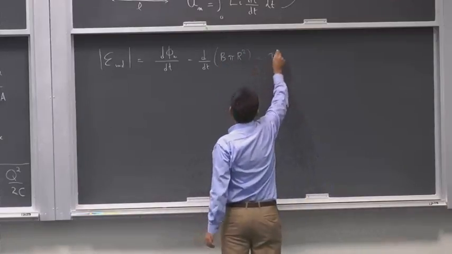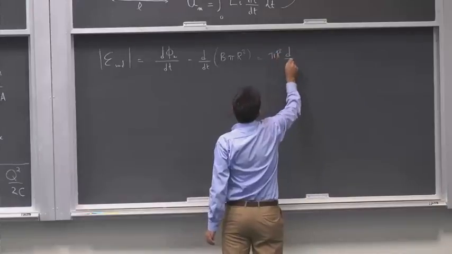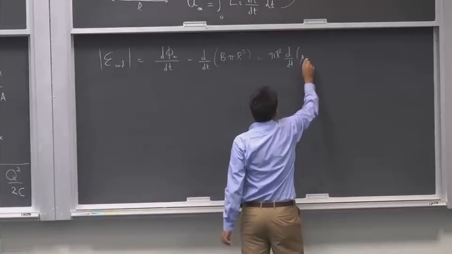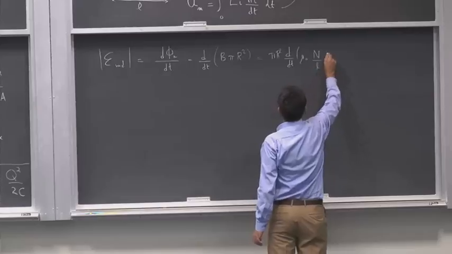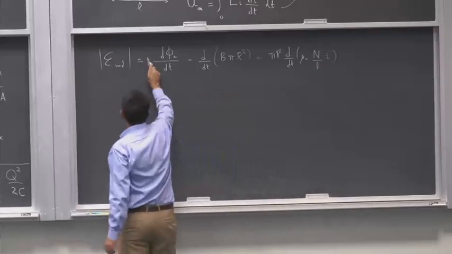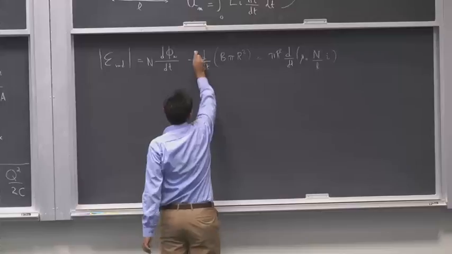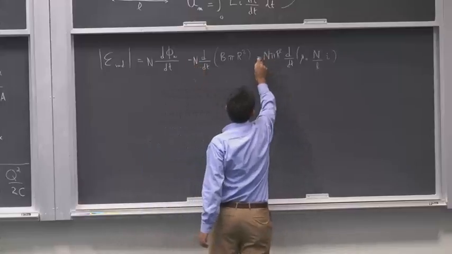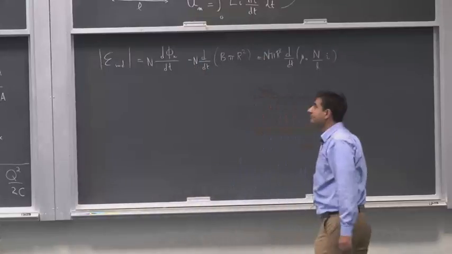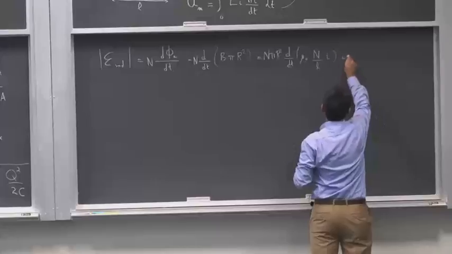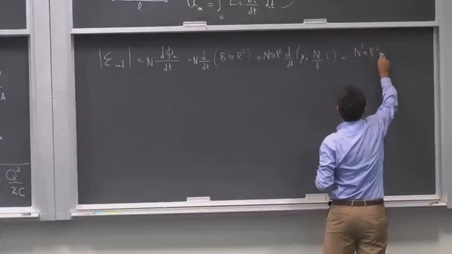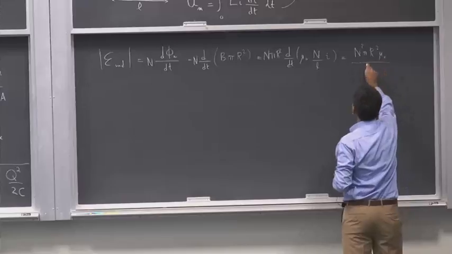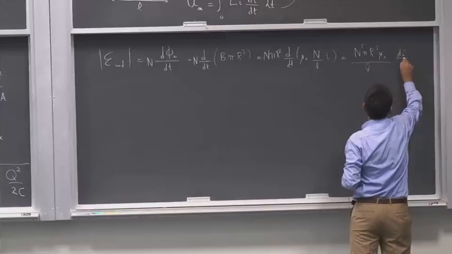So I have pi R squared d/dt of B. Now B is mu naught N over l times I. Remember, I have a capital N here because I have N turns. Now this N goes out, I get N squared pi R squared mu naught over l di/dt.